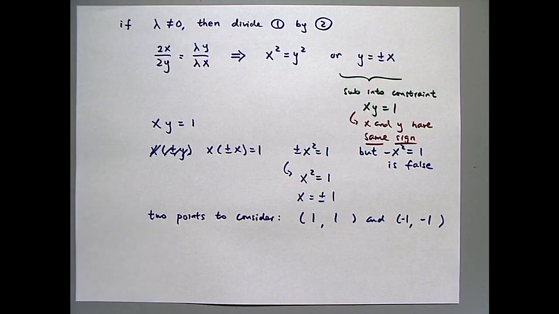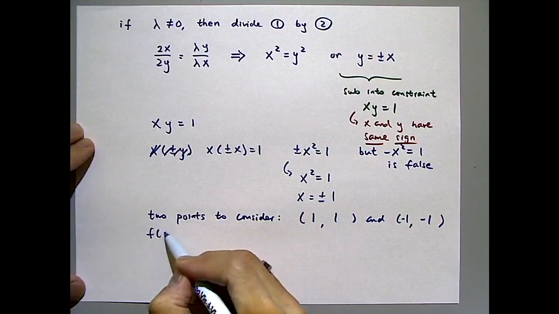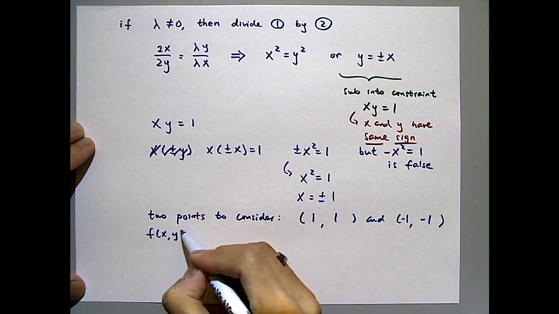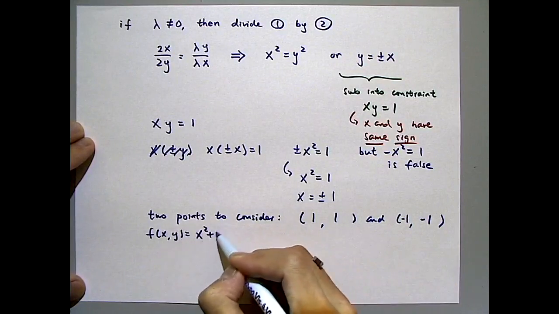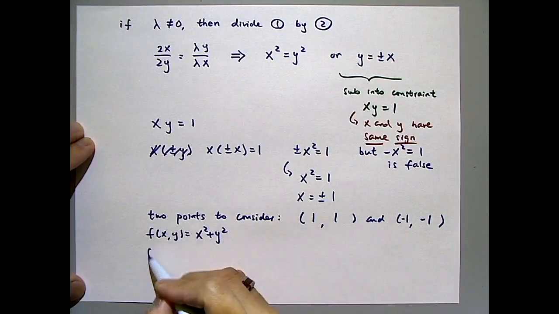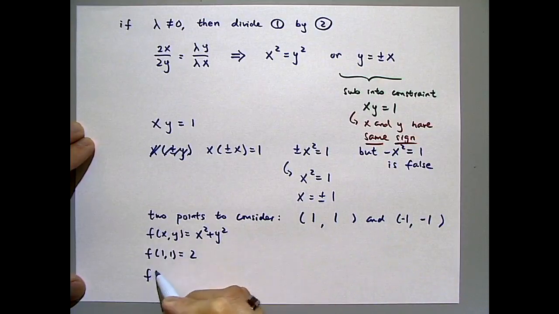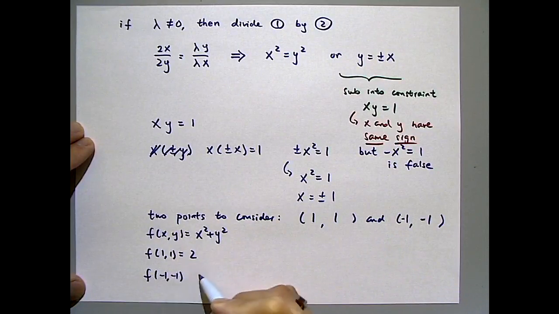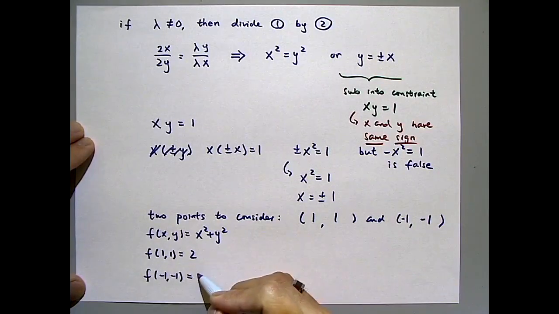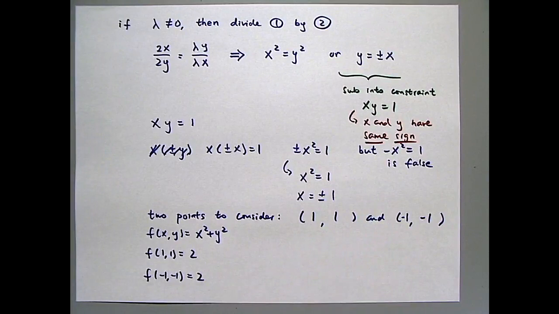Okay, now we find out what's going on with f at these locations. f of (1, 1) is 2, and f of (minus 1, minus 1) is equal to 2. So they're the same number.